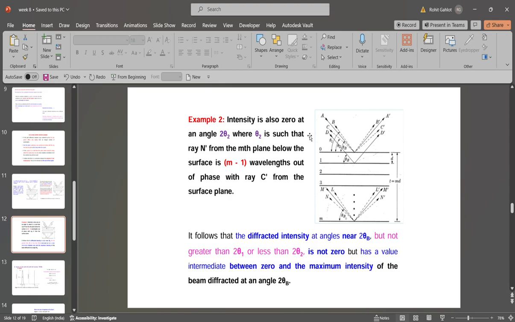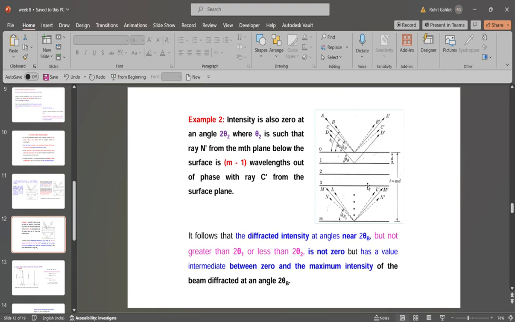The intensity will also be 0 at an angle 2 theta 2, which is slightly lesser than the Bragg angle. Similarly, for m minus n wavelengths out of phase with ray C dash from the surface plane, here also the resultant intensity will be 0.